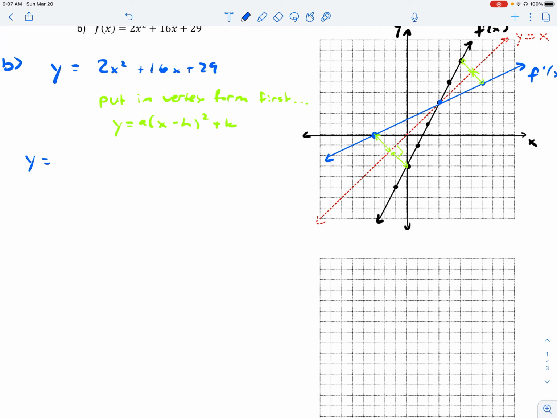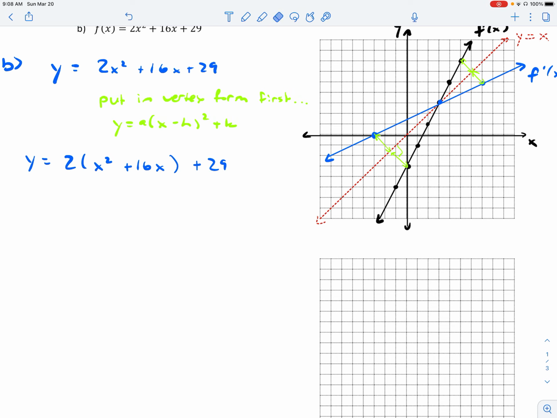Okay, so first step is to factor out 2 from the first two terms only. So we'd have x squared plus 16x, close up the bracket, plus 29. So we only factor the 2 out from the first two terms only.